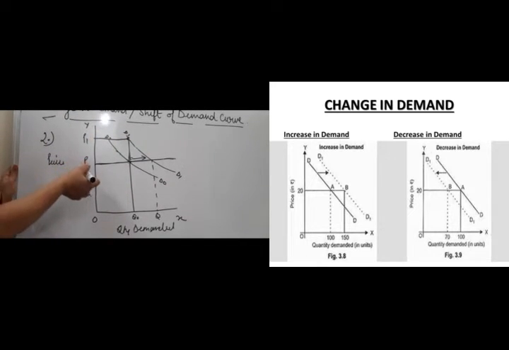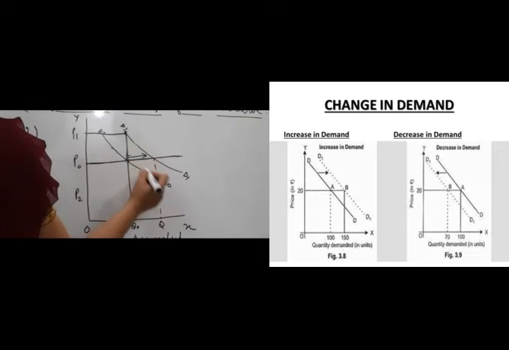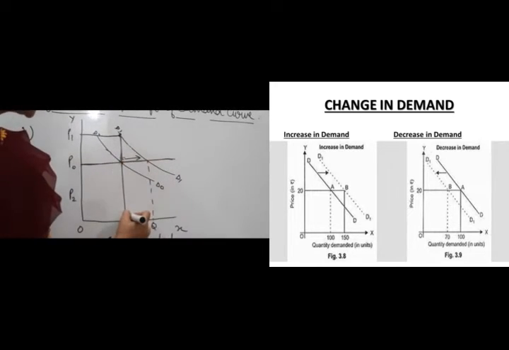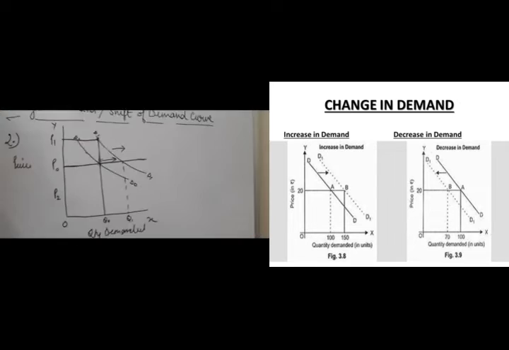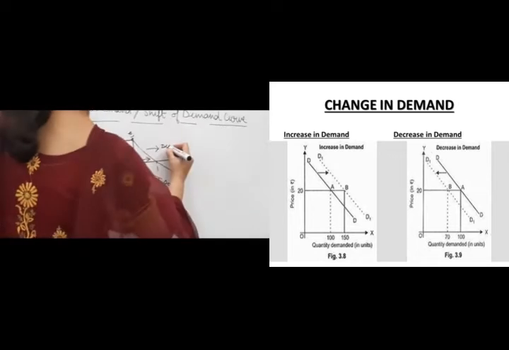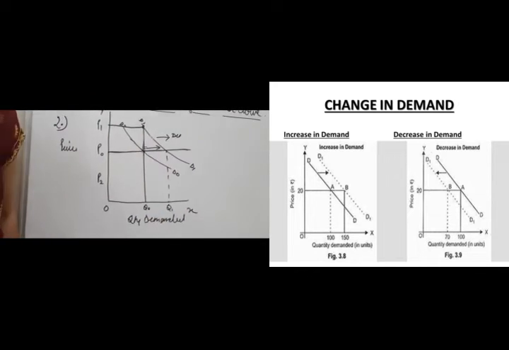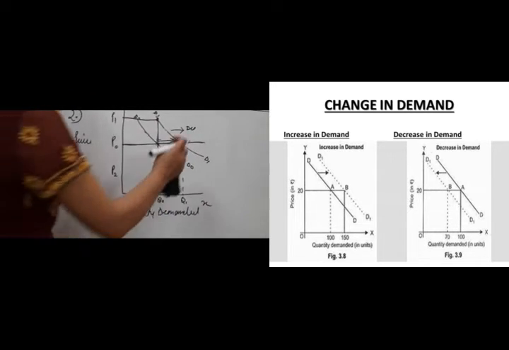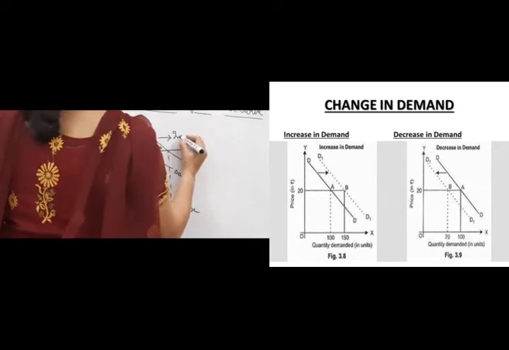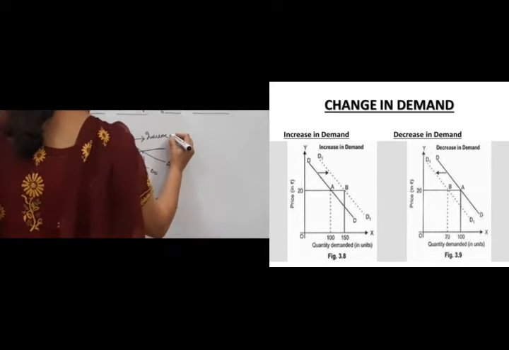Do you get that? Right? So actual quantity will be this. What will be the actual quantity? Will be this. Alright. So this is your increase in demand. This is what is termed as increase in demand.